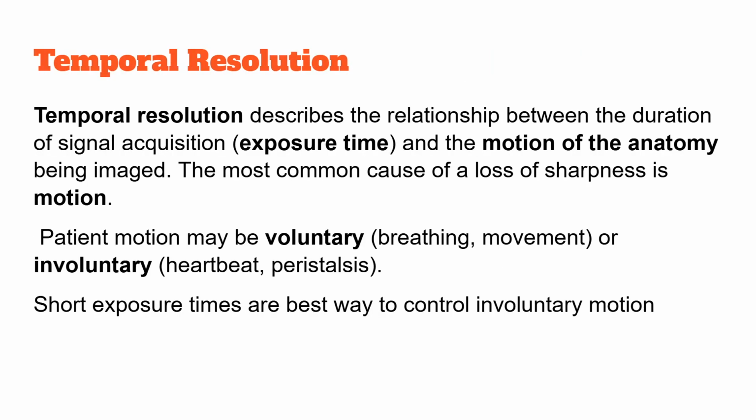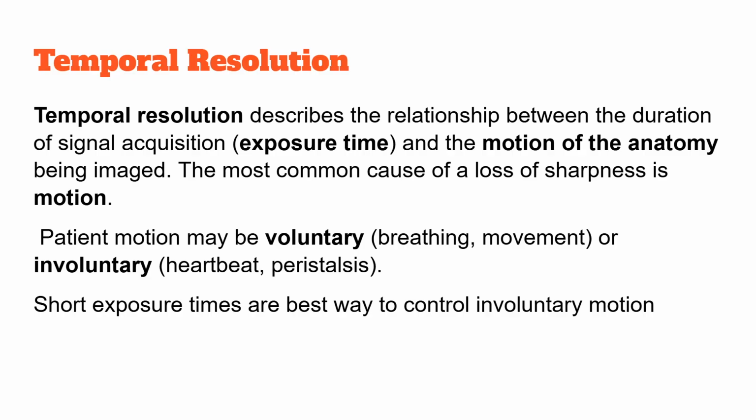So let's break into temporal resolution a little bit and how it affects spatial resolution. Temporal resolution describes the relationship between the duration of signal acquisition, this is our exposure time, and the motion of the anatomy being imaged. The most common cause of a loss of sharpness is motion.